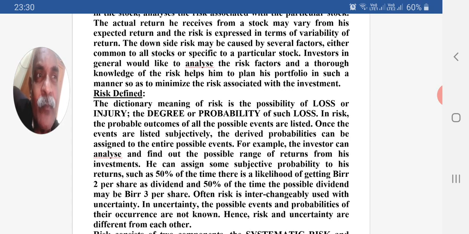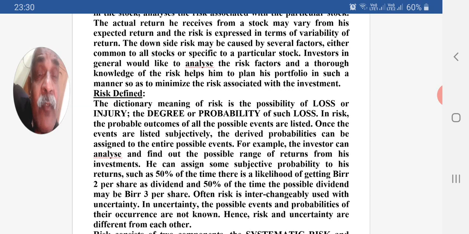For example, the investor can analyze and find out the possible range of return from his investment. He can assign some subjective probability to his return, such as, suppose 50% of the time there is a probability of getting 2 rupees per share as dividend. I'm expecting 2 rupees per share as dividend and the probability is 50%.